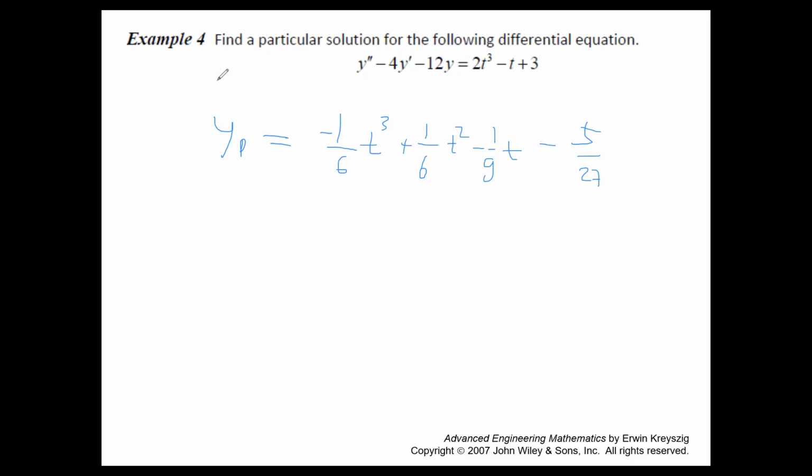Don't forget your YH. Your YH was already obtained before: C1 e to the power of minus 2t plus C2 e to the power of minus 6t. So the solution is y equal to YH plus YP. Incorporate all of them.